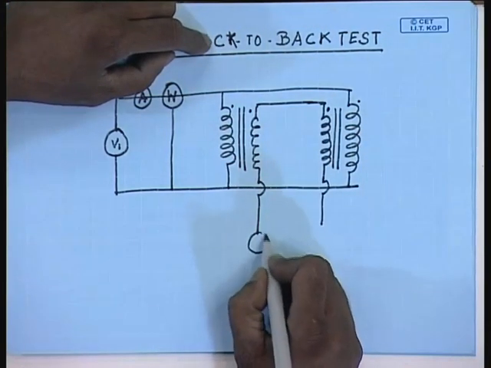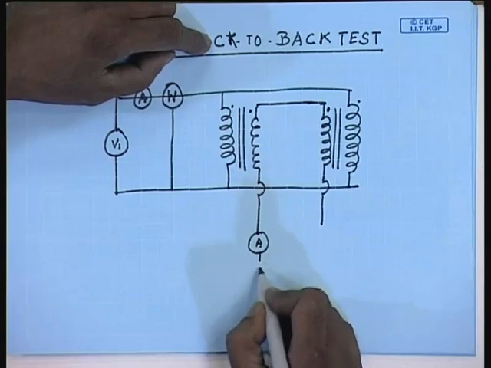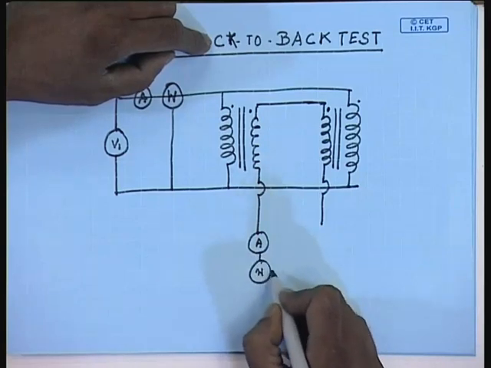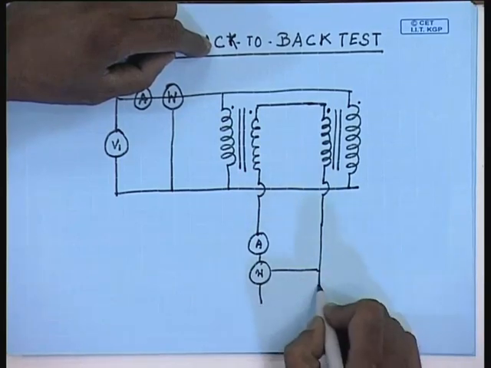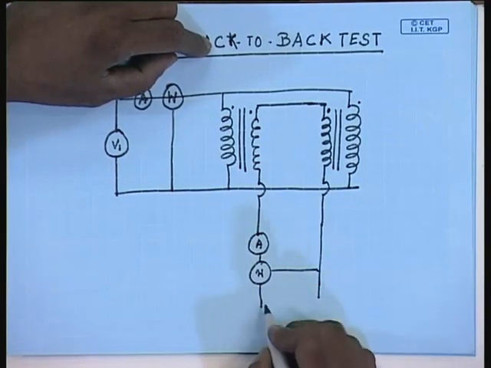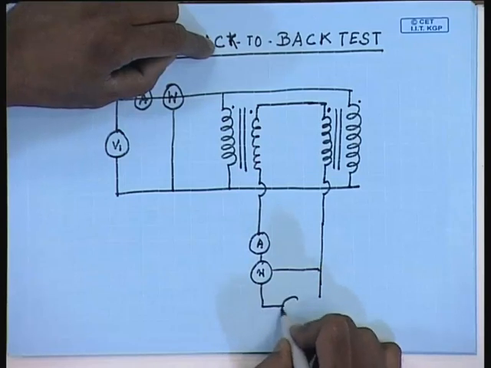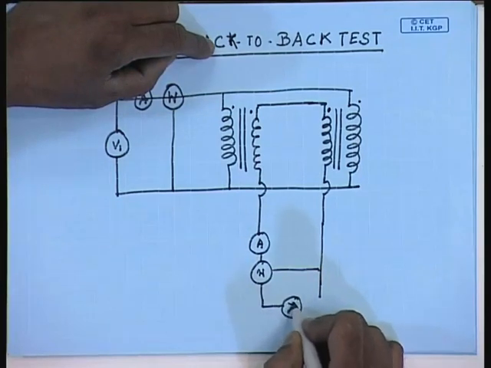Here again another ammeter is connected, another wattmeter is connected, and these secondaries are supplied from a variable voltage source.